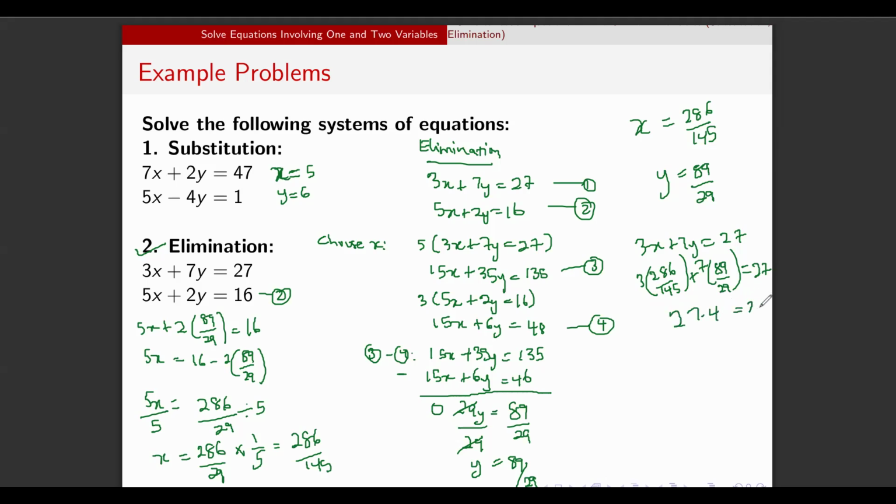I should get 27. 27.4 is not the same as 27, so there's an error in my solution. But the process I went through is right. So please kindly help me find where the problem is when you are going through it, and then you can prompt me on it. All right. So let's proceed.